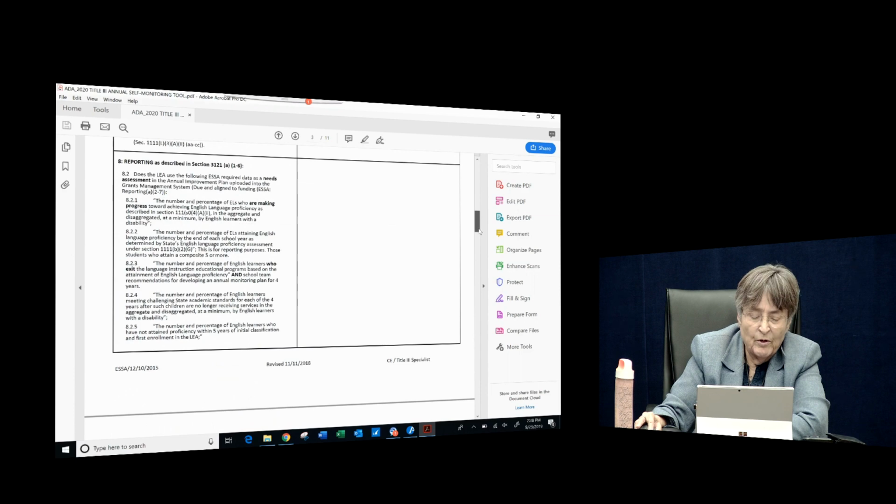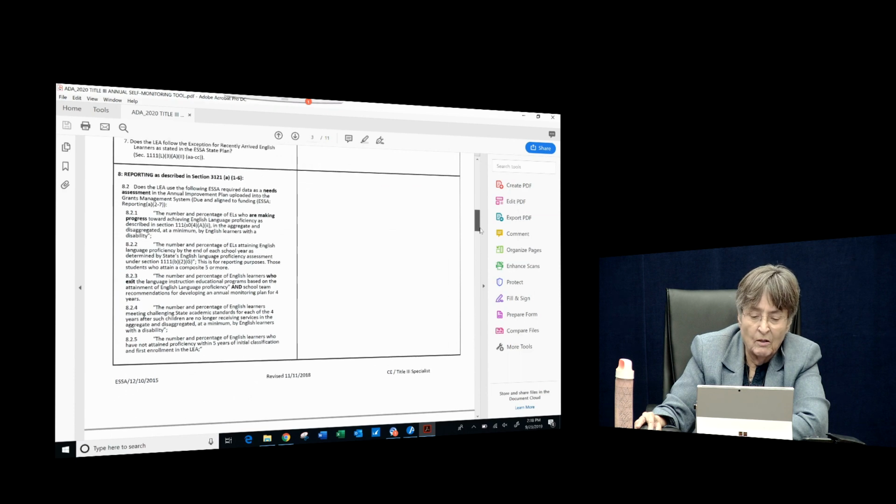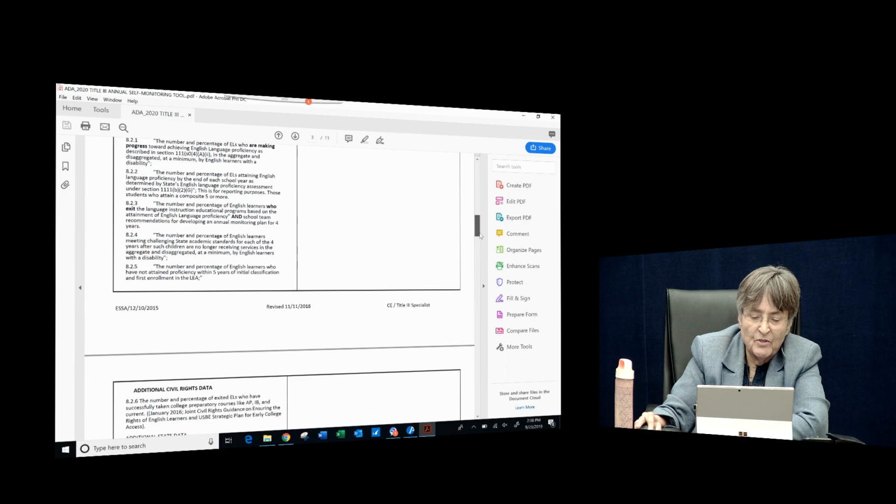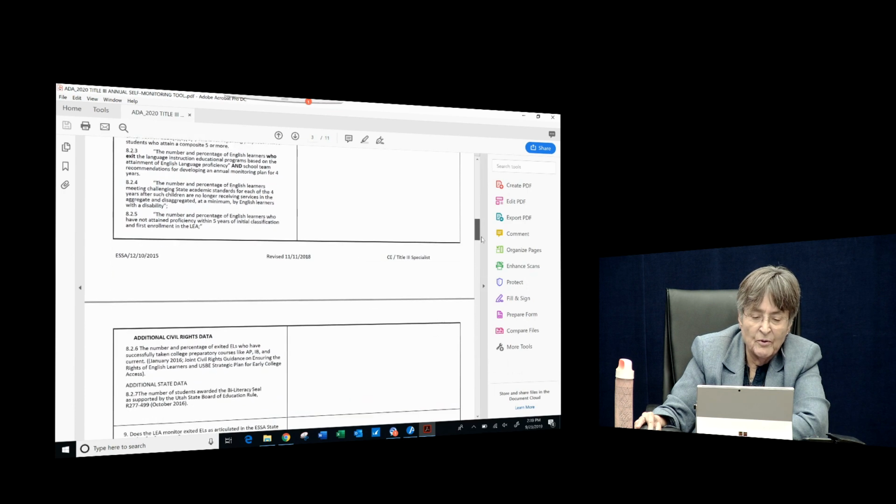Again, the reporting is just in the law. The percentage of ELs who are making annual progress, that's on your report card. The number and percentage of students who actually have attained language proficiency. The number and percentage of learners who exit and are in monitoring.